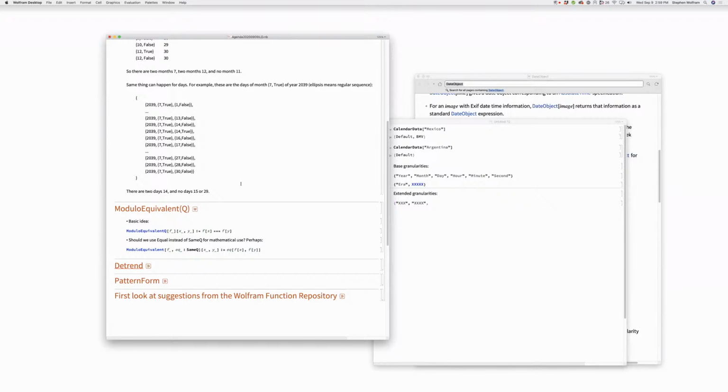But essentially, it's a By wrapper. It turns SameTest into a By test. Is that correct? I think so. Some sort of SameTestBy. Right.